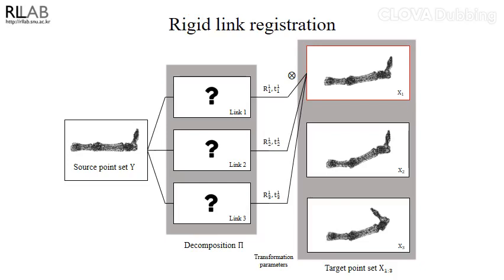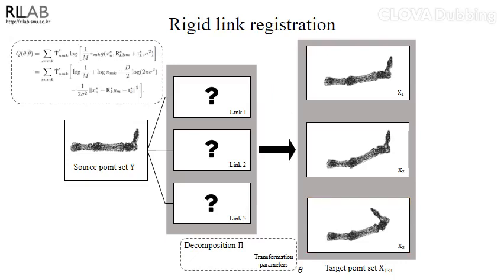Note that each link takes a different rotation matrix and translation vector. The point set x2 is also recovered from the decomposed links and transformations which are completely different from the transformations used when recovering x1. Likewise, the target point set x3 will be recovered.